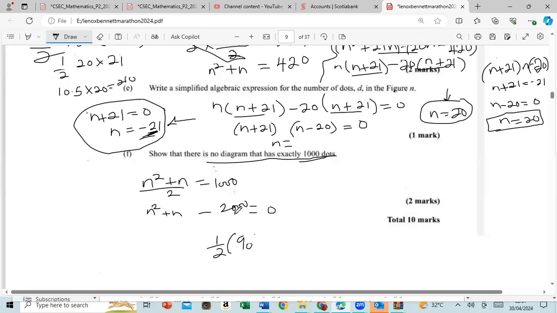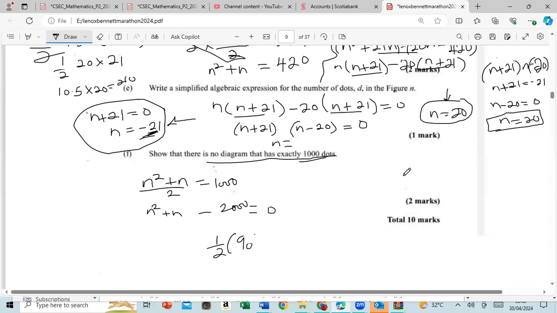Let me think, it'll probably be easier to factorize this. We get the numbers way close to it. Two numbers we can multiply to get 2,000, and the difference is 1.